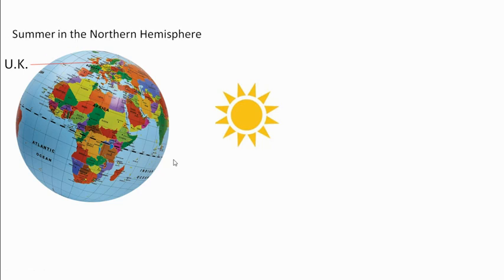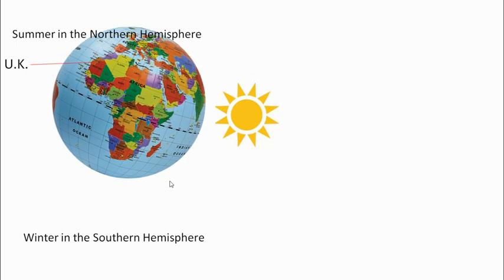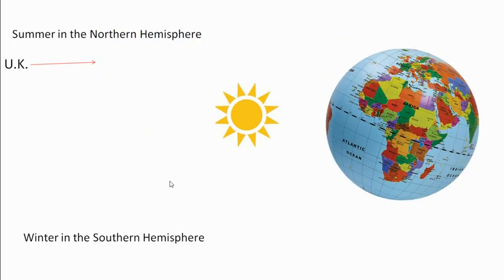All right, so when the Earth is tilted in this way towards the sun, then you get summer in the Northern Hemisphere. But as you can see, down here in the Southern Hemisphere, they'll be having shorter days and longer nights. So they're having their winter. Now, as the Earth travels around the sun, it will take about 6 months to get round the sun, off we go, to the other side.